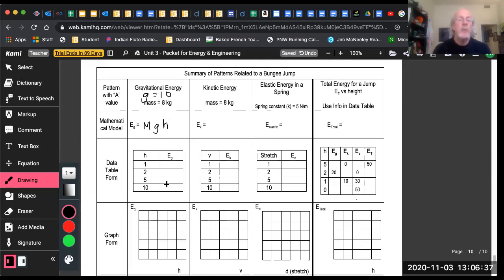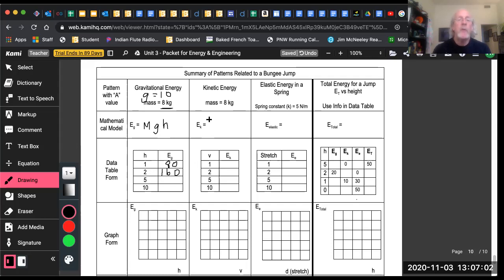If we wanted to do a calculation, we could say, if h is 1, g is 10, and the mass is 8, then we know that this is 80. And if it was 2 times 10 is 20, 20 times 8, that would be 160.